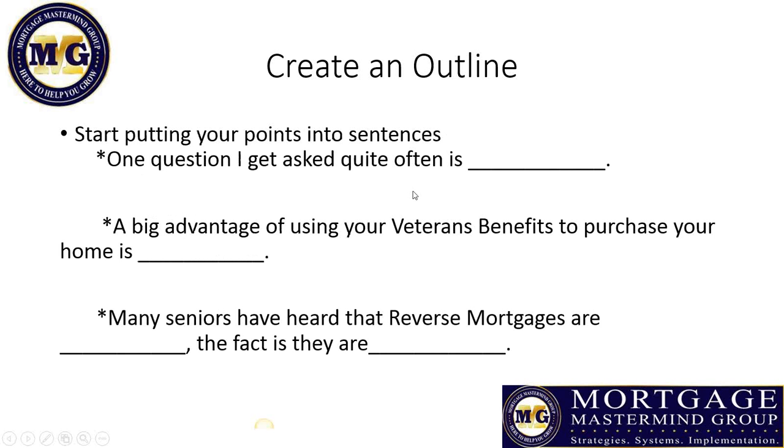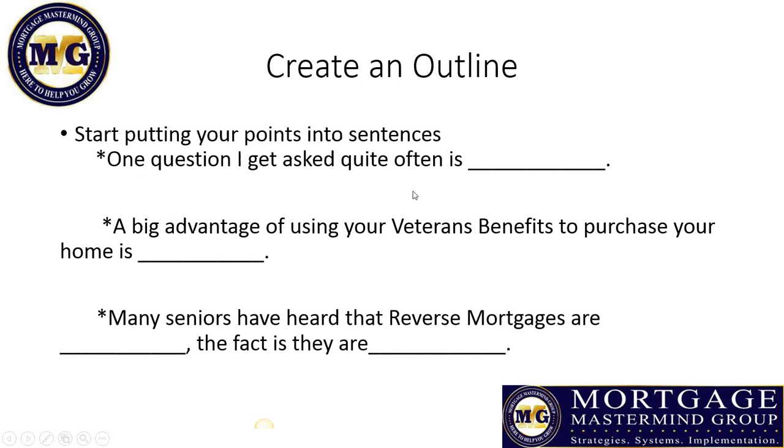Now, once you've done that, you want to start putting your points into sentences. Kind of like Alex Trebek tells you, put it in the form of a sentence. It's going to help you as you start to build the actual content to have a sentence around it.